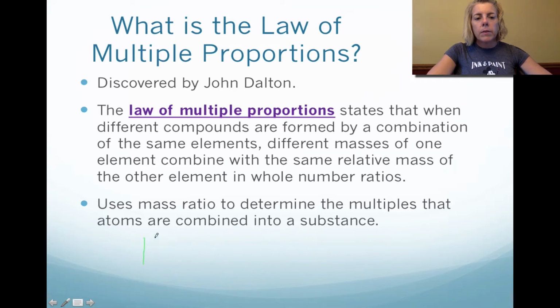Well, an example of this would be water is H2O. Now, the very interesting thing is water can actually be changed and represented by H2O2. H2O2 is hydrogen peroxide, and you've used this a number of times whenever you've had a boo-boo or you're trying to clean something. So these are multiple proportions, and they're different compounds because the atoms combine in different ratios.